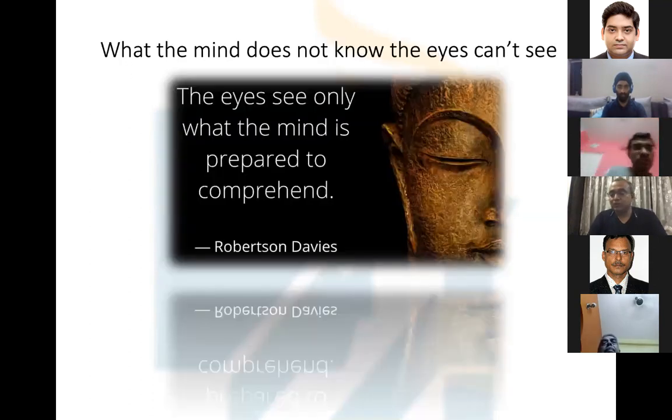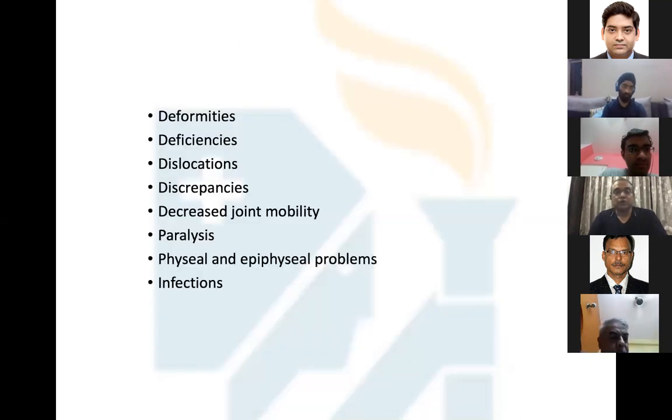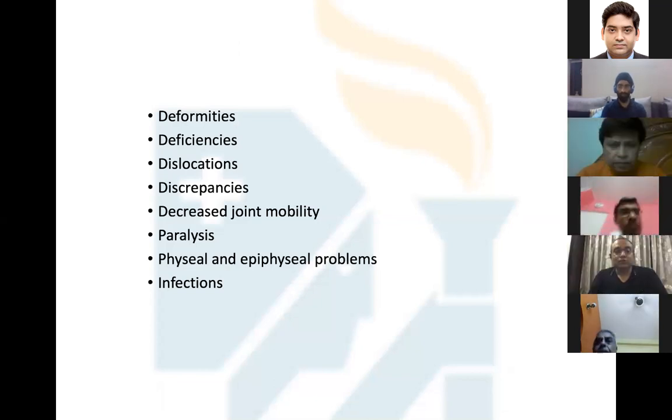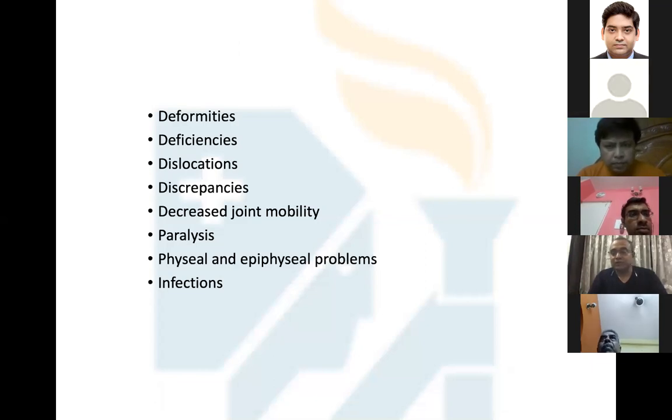Now here it is important for us to understand that what the mind knows, only that we are prepared to comprehend and see. So coming to the pediatric foot and ankle examination, let's approach it slightly differently. We have so many D's and some P's. If you are considering deformity and deficiencies, most of the time it is picked up by inspection.